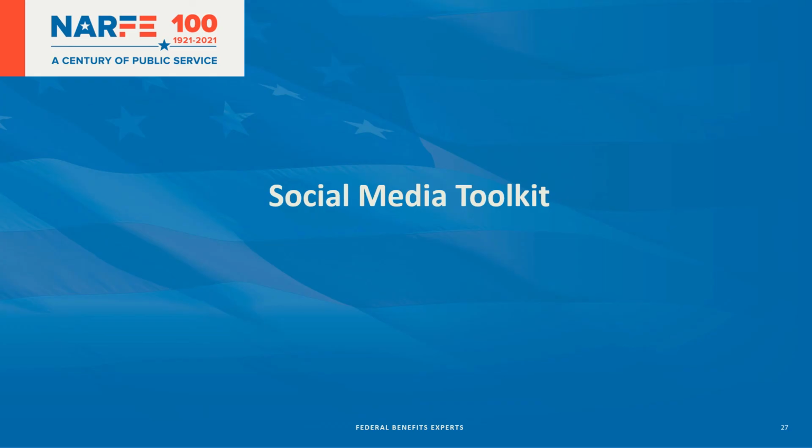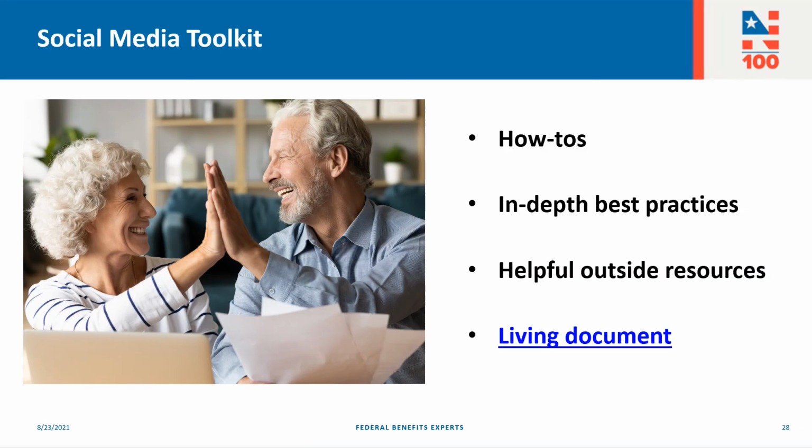And now I'll talk briefly about the social media toolkit for federations and chapters. The social media toolkit is a great tool for chapters and federations to get started in social media.